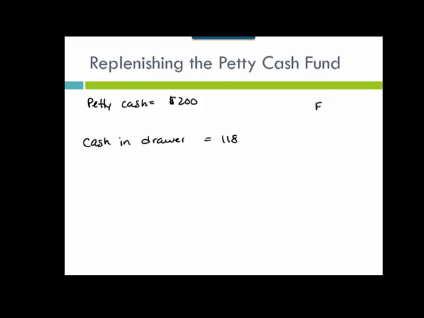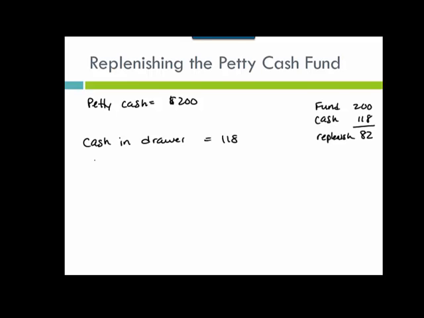So right now, the tickets add up to blah, blah, blah. So the fund is $200, and the cash on hand is $118. So right now, regardless of what my tickets add up to, $82 is the amount that I need to replenish. I always figure that out first before I look at the other stuff, and I'll show you why in a minute.